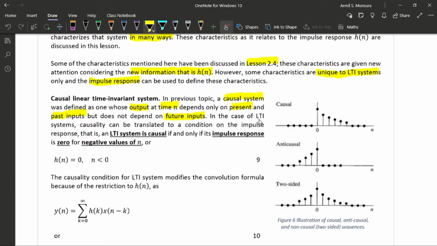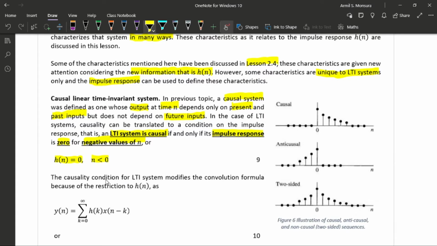In the case of LTI systems, causality can be translated to a condition on the impulse response. An LTI system is causal if and only if its impulse response is zero for negative values of n, or h of n is zero when n is less than zero.